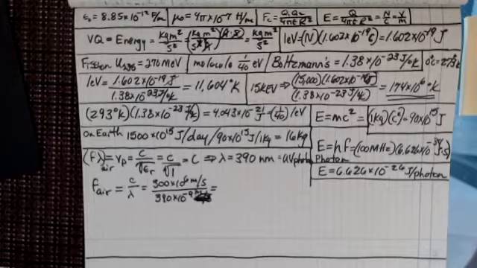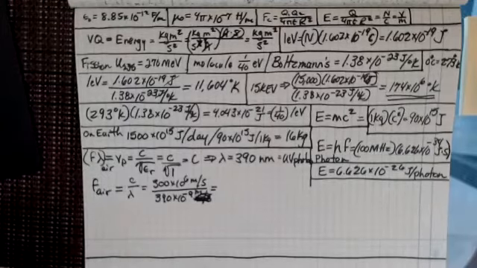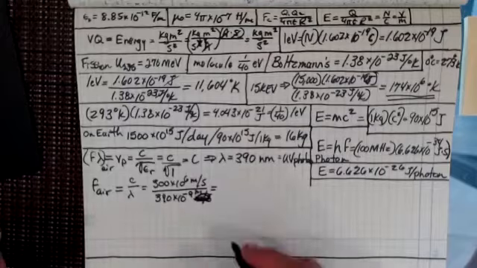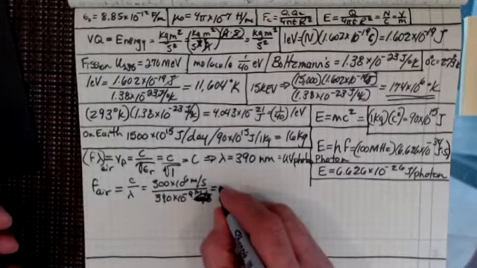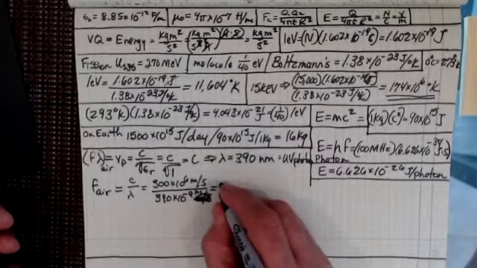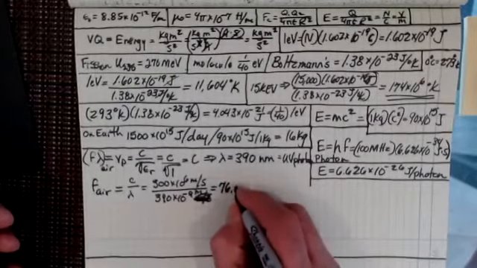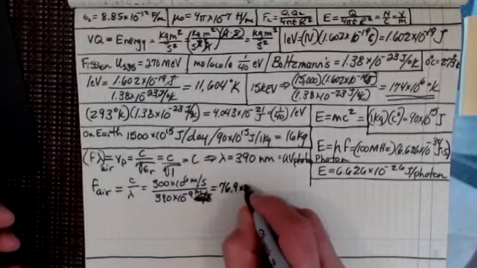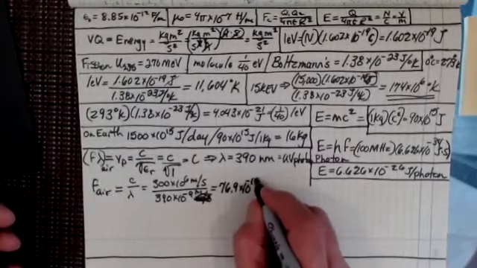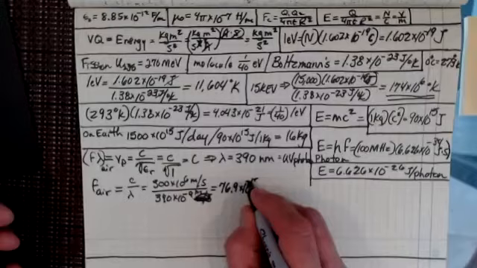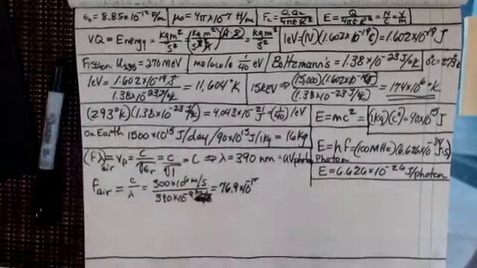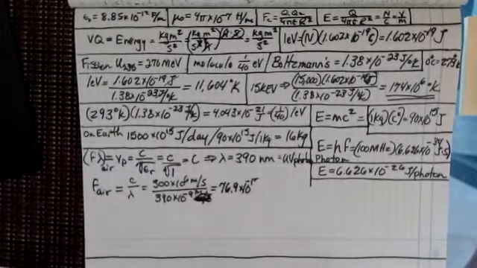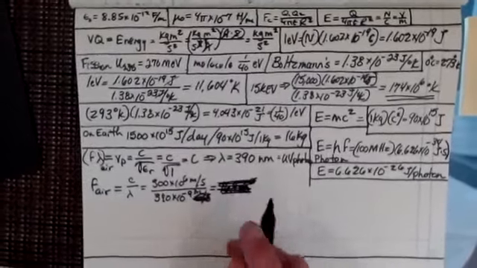Because I've got 6 in the numerator and I've got minus 9 in the denominator, and that ends up giving me... oh, I'm sorry, I did that backwards.